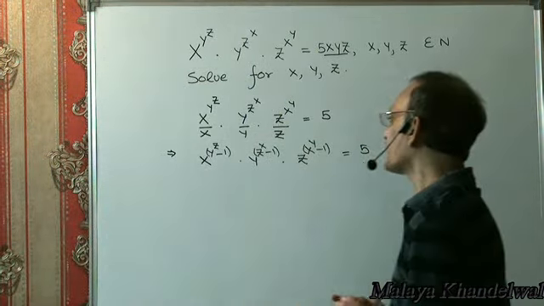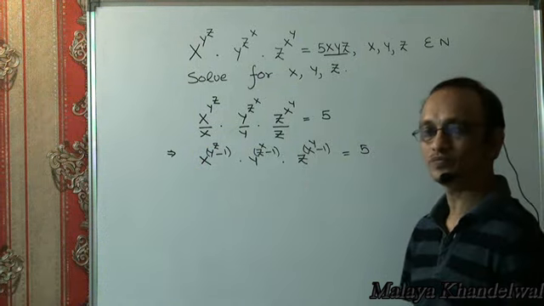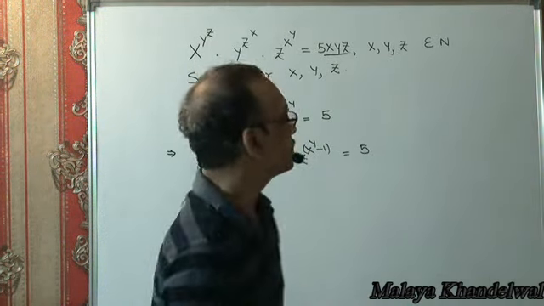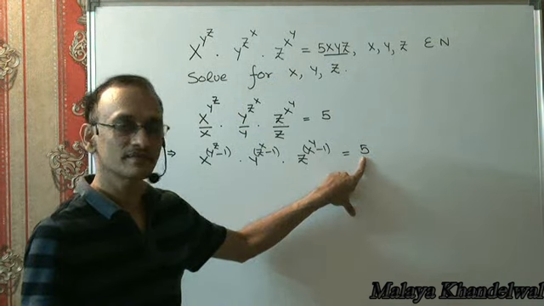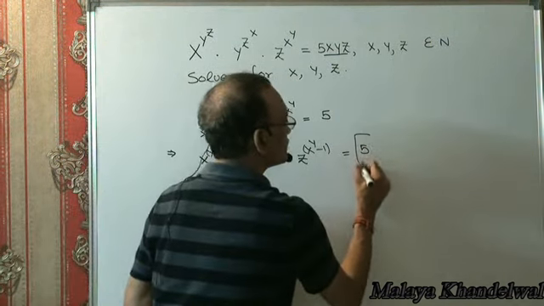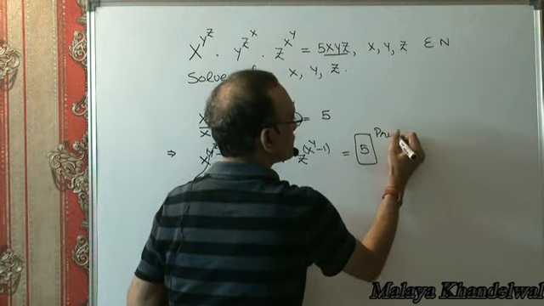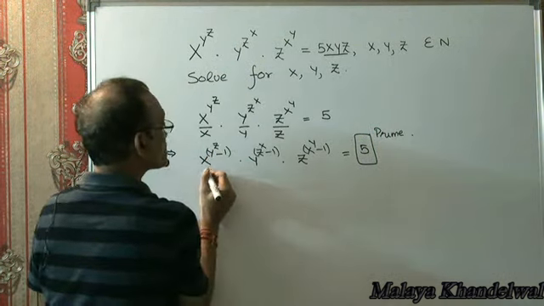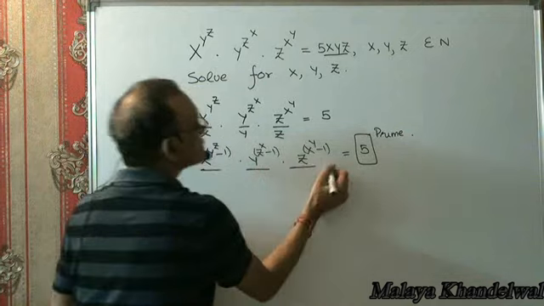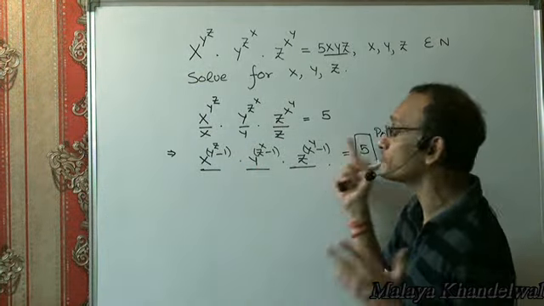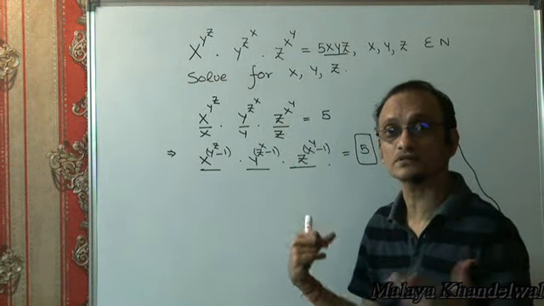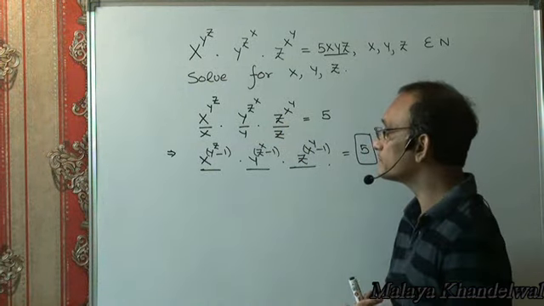Where does it go? 5 is a prime number, and this prime number is expressed as a product of 3 other natural numbers. Good Lord.